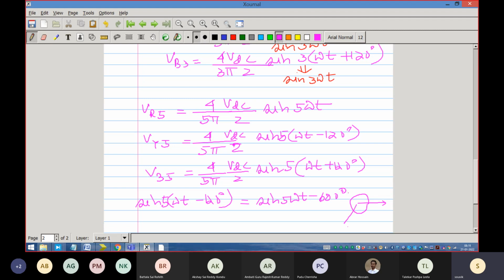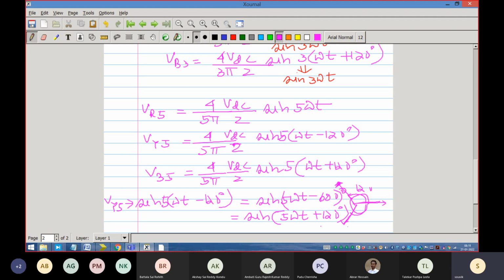So it is minus 120 this. So the fifth harmonic component of the Y phase, Vy5, understand that is not located at 120 degree lagging. It is located at 120 degree leading. So this waveform is essentially sine of 5 omega t plus 120 degree, right?